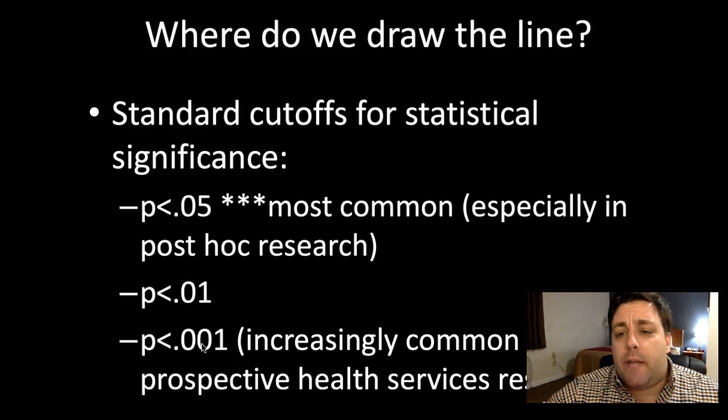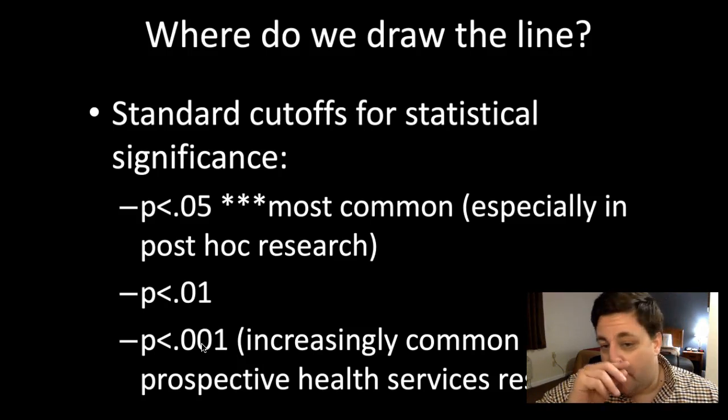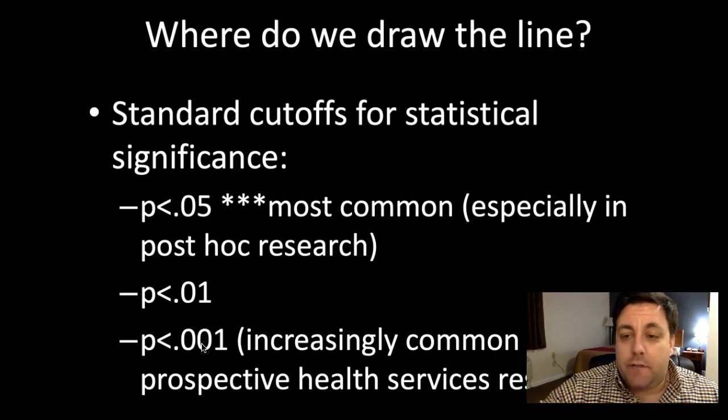Most of the time we set that p-value, or that alpha level, at 0.05. That effectively means what we're willing to tolerate is a 5% chance that our results are due to sheer coincidence. Occasionally you see p-values reduced to 0.01. That means we're willing to tolerate a 1% chance that our results are due to coincidence.